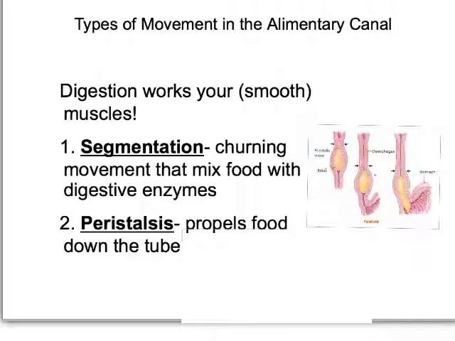That's what we see over here on the right, where the muscles squeeze closed to push the food down in that direction. That happens in the esophagus and also in the lower part of the stomach and throughout the intestines.